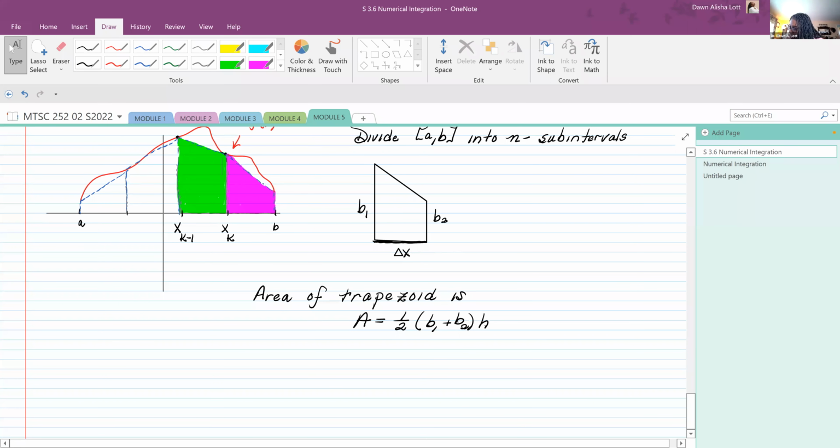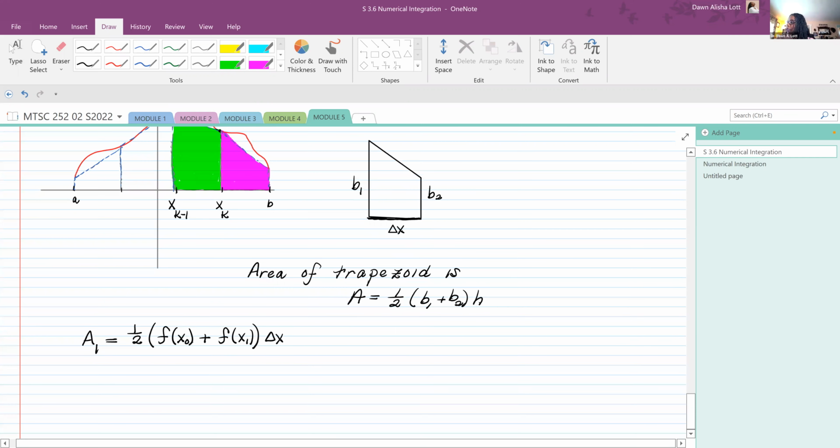So therefore, I get that the area of the first trapezoid is 1/2 f of x0 plus f of x1 times delta x. Where did that come from?